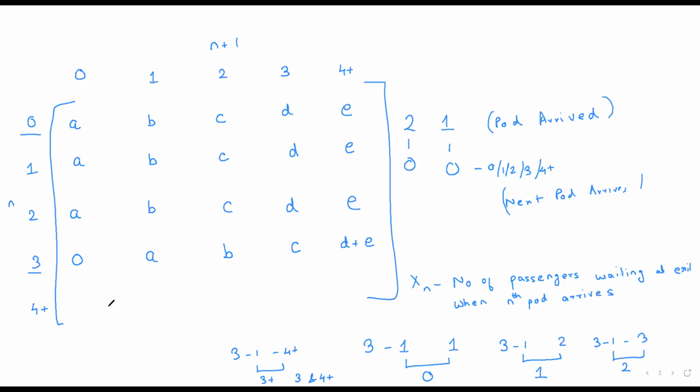Whether it is through taxi or pod doesn't matter. Point is, zero would be waiting. So from 4 plus we directly go back to how many? 0. And so now again the probabilities will be nothing but A, B, C, D, and E.